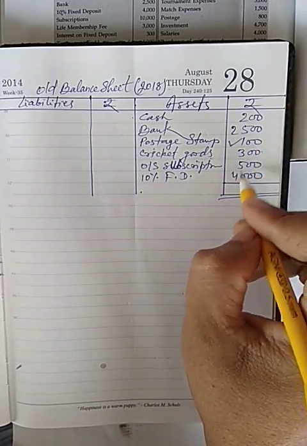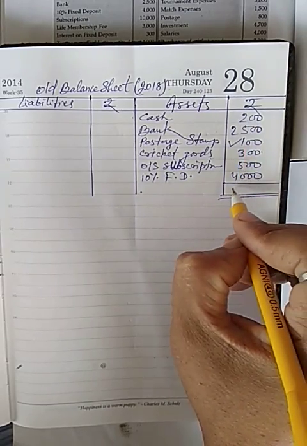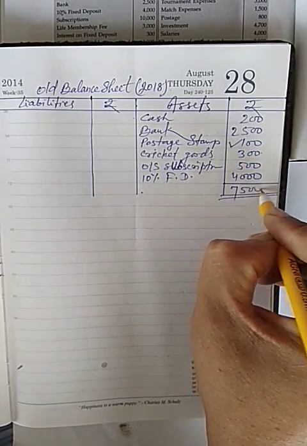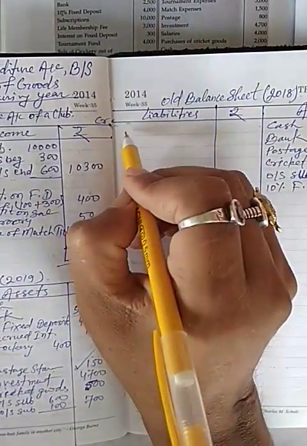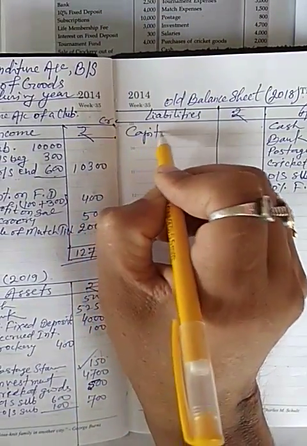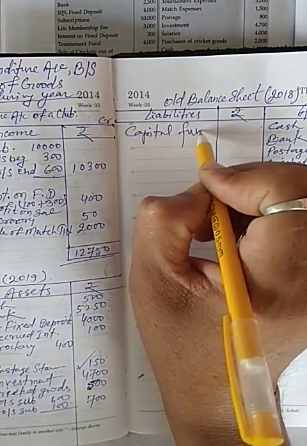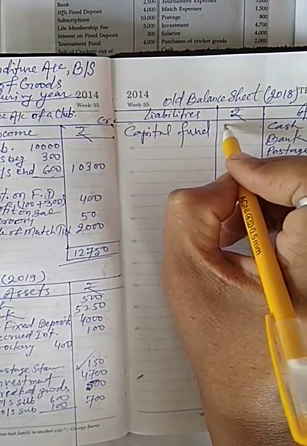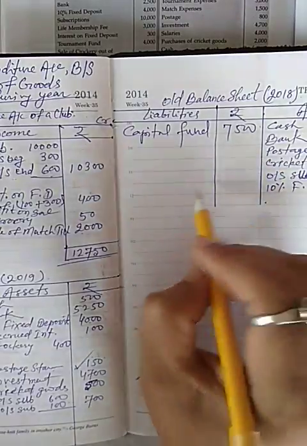So total of asset side will be 7,500. Therefore capital fund will be the balancing figure 7,500.